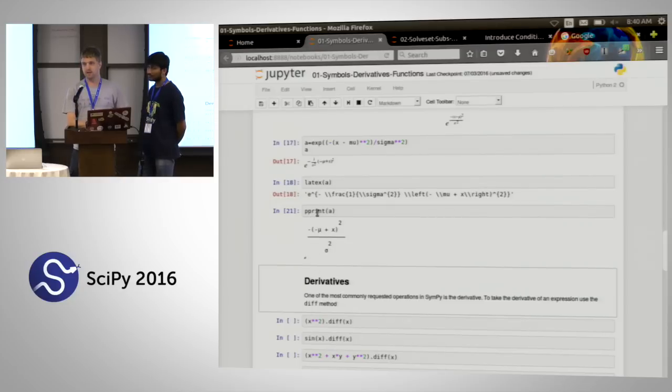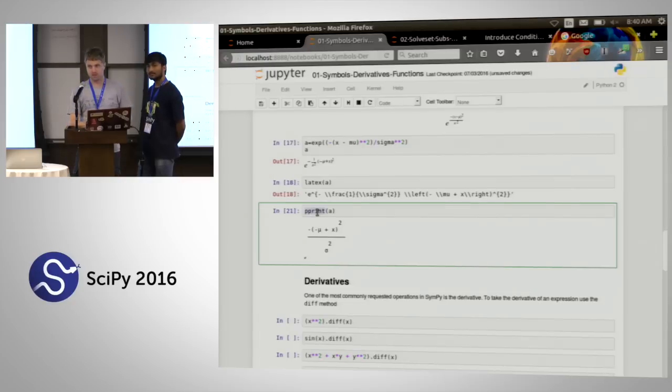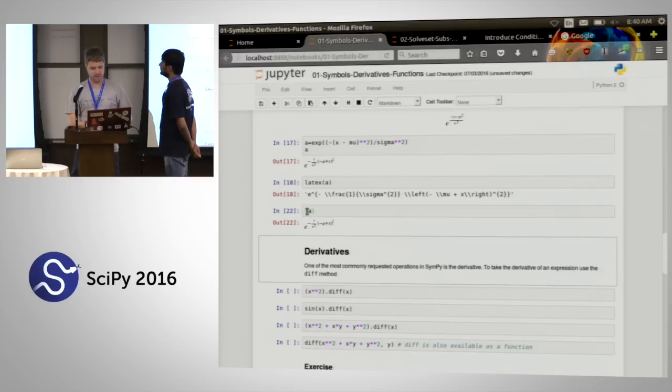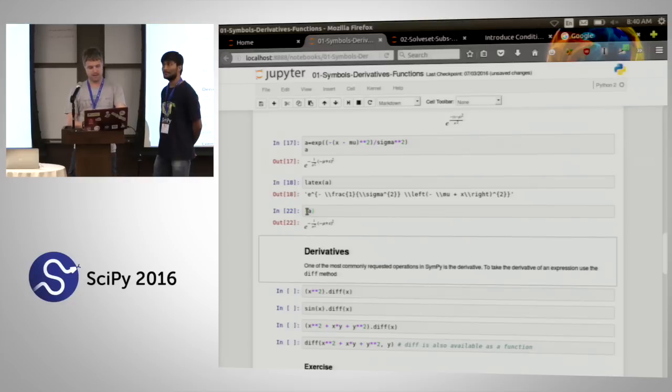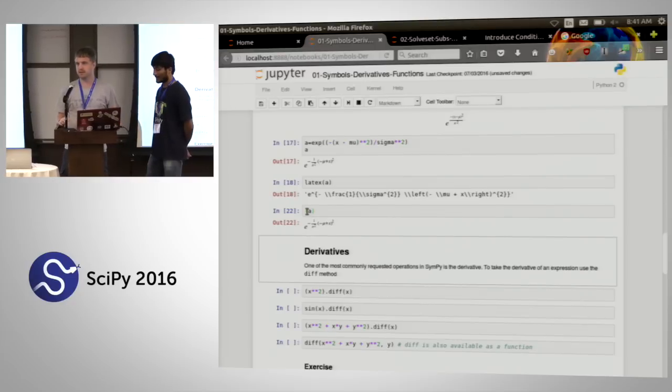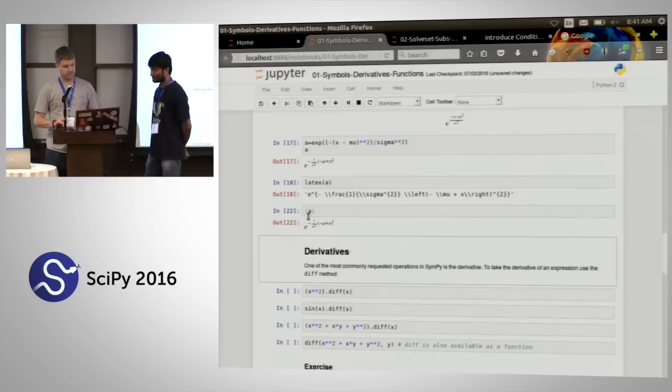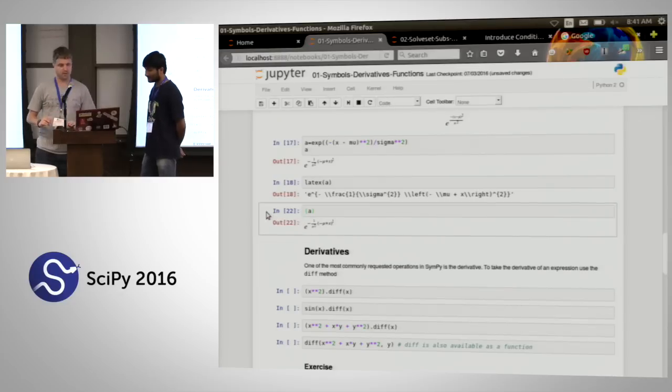And to get the output like this, if you just do A after you've run init printing, otherwise you have to use IPython.display.Latex and pass in the LaTeX string or something like that. I don't remember the details, I can go look it up.